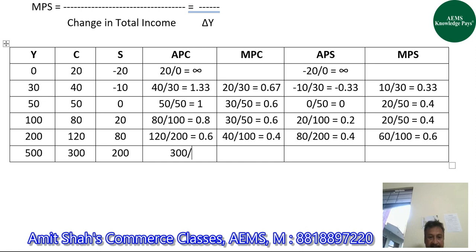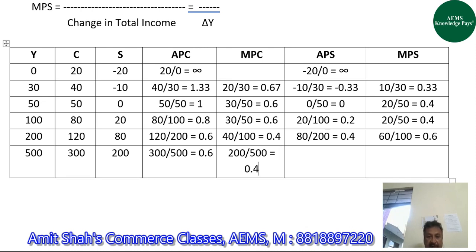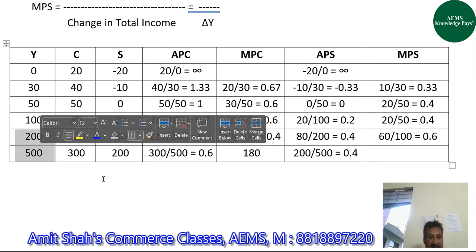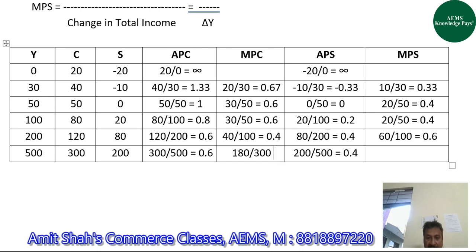This is 300 divided by 500. That is 3 by 5, means 0.6. Right? This is 200 divided by 500. That is 0.4. And MPC is change in consumption, that is 180 divided by change in income, that is 300.